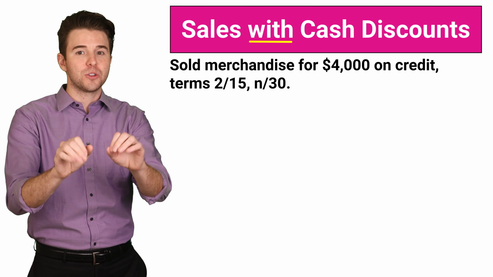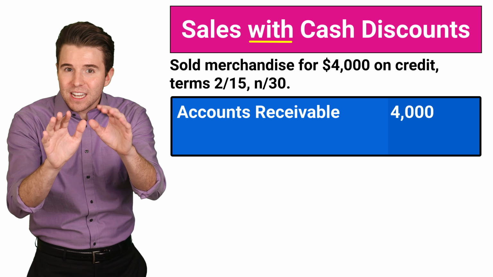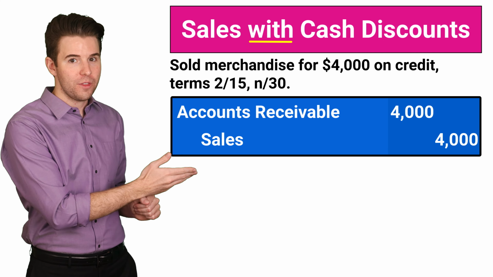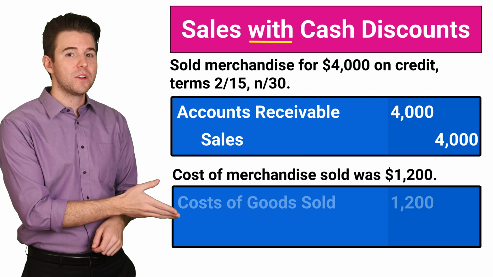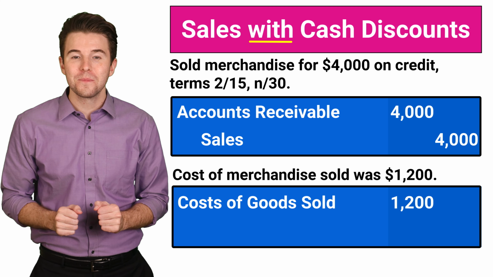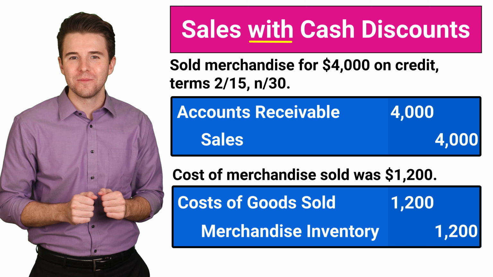On the revenue side entry, we debit accounts receivable for $4,000 and credit sales for $4,000. On the cost side entry, debit cost of goods sold for $1,200 and credit merchandise inventory for $1,200.